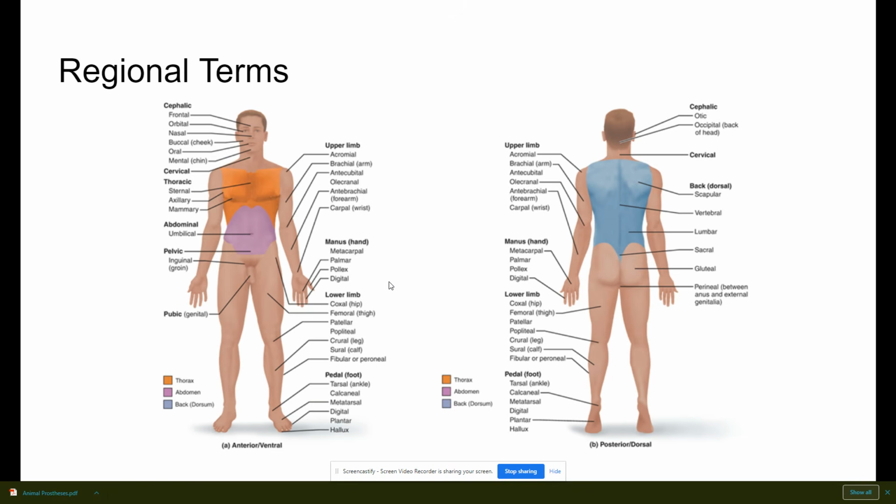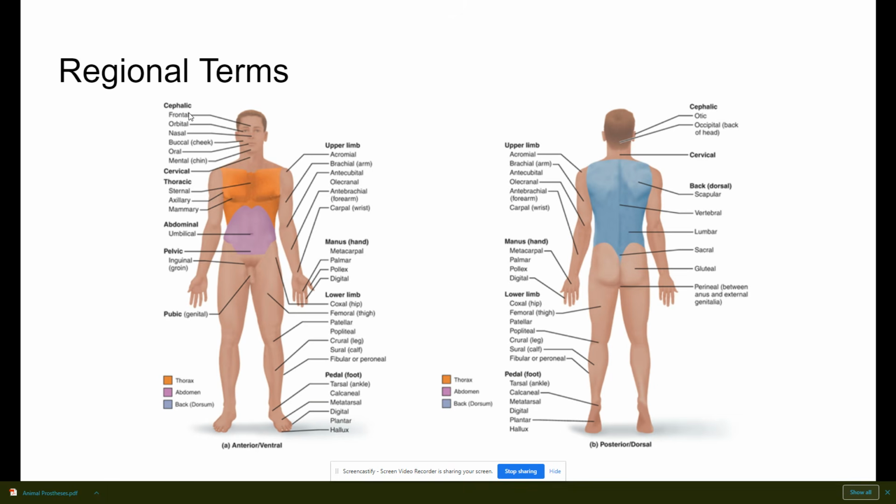The axial region has to do with the head and the neck and the trunk. And then there is the appendicular region, which has to do with the upper and the lower limbs. You can see some other divisions, and like I said, they are many. Each of these terms you will need to familiarize yourself with to one level or another.